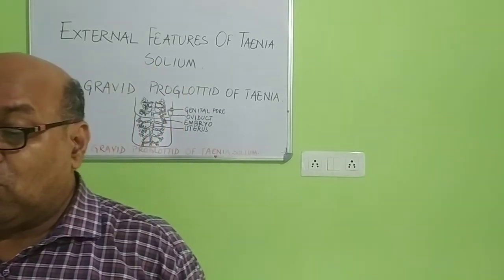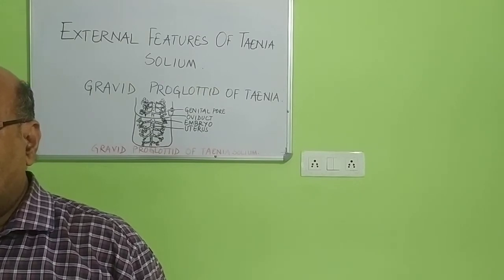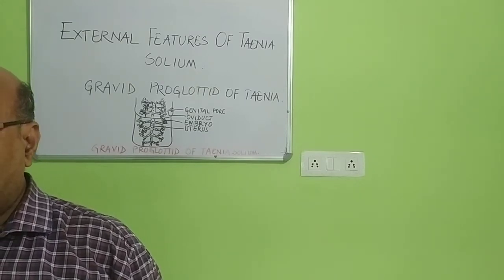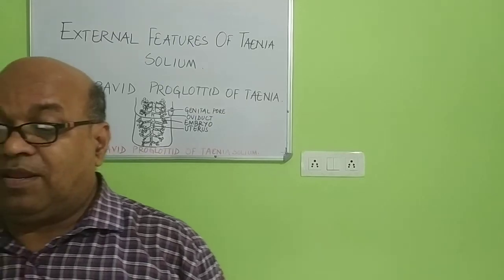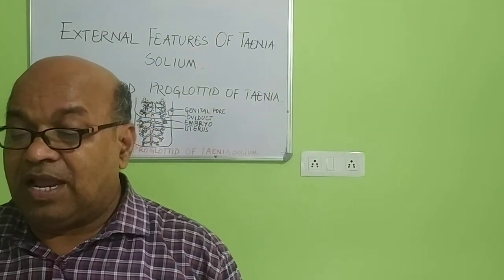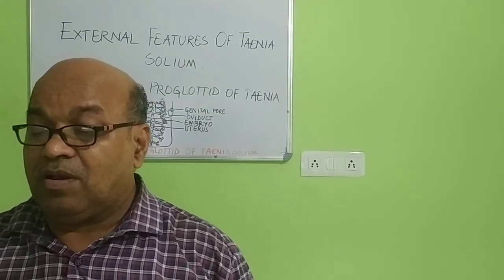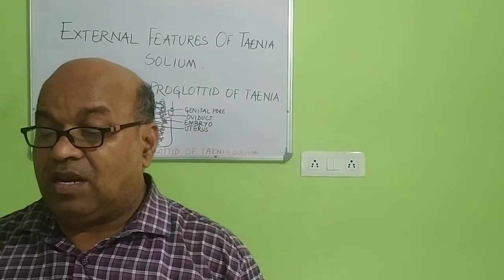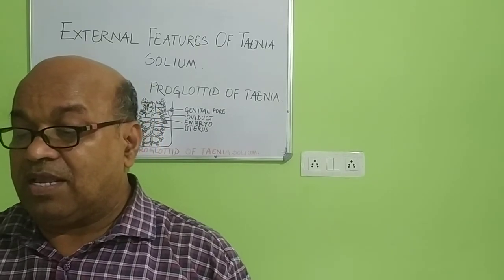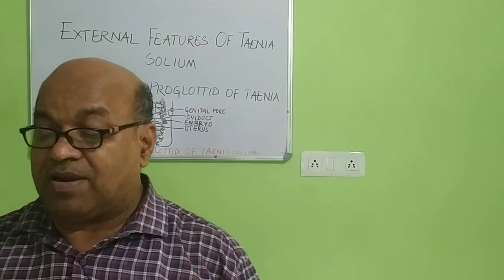The reproductive organs, except the uterus, disintegrate and do not remain in gravid proglottids. The longitudinal nerve cord and excretory vessels are seen there and persist in that part.